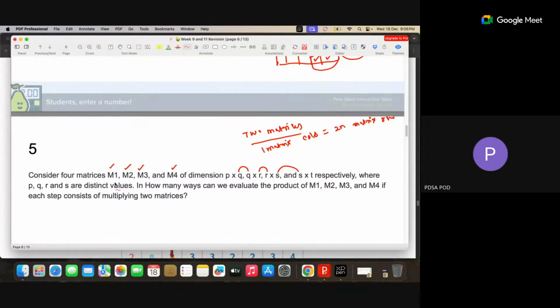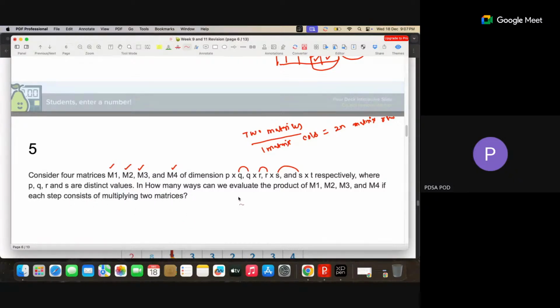So what they want to tell you is that M1 columns are equal to M2 rows. Are you understanding? Yes. Similarly, M2 columns are equal to M3 rows, and M3 columns are equal to M4 rows. So that's a basic thing, where P, Q, R, S are distinct values.